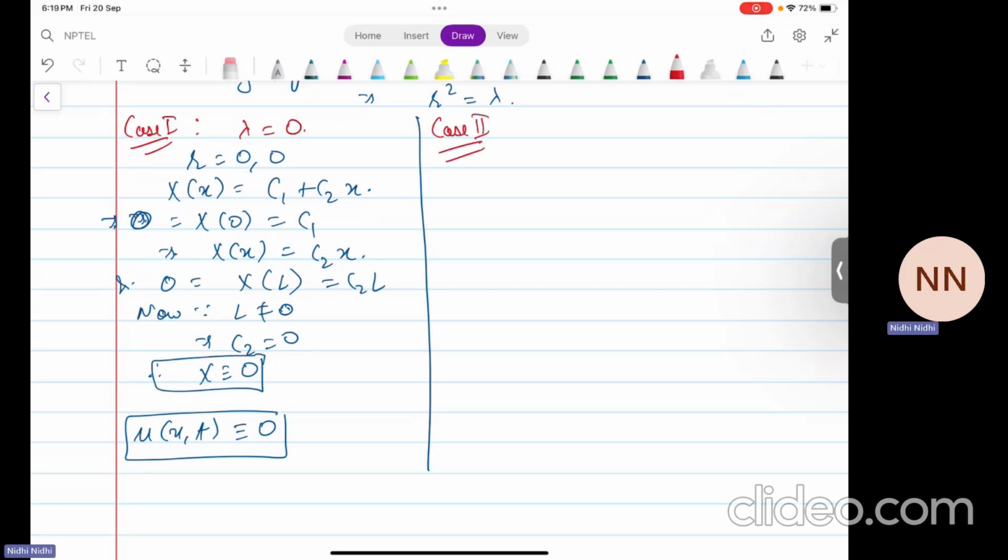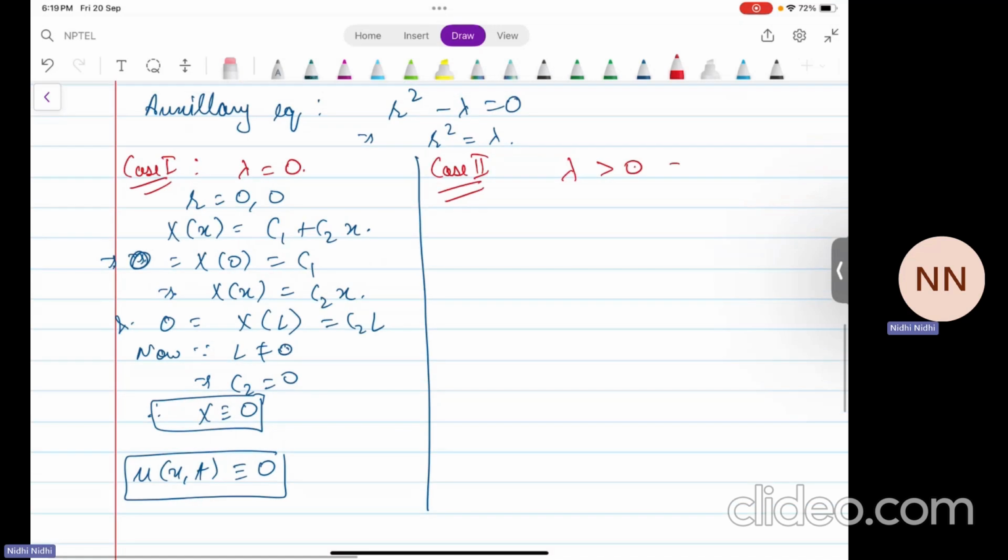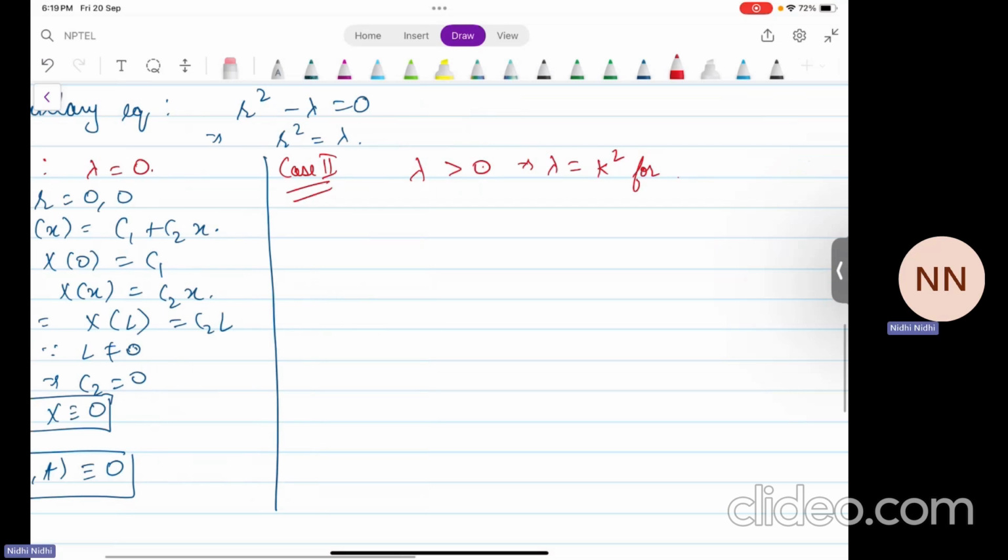Case 2, when lambda is positive. In this case, we'll take lambda to be the square of some k, for some k non-zero. So here we have r is equal to plus minus k, and X(x) is equal to c1 e to the power kx plus c2 e to the power minus kx.